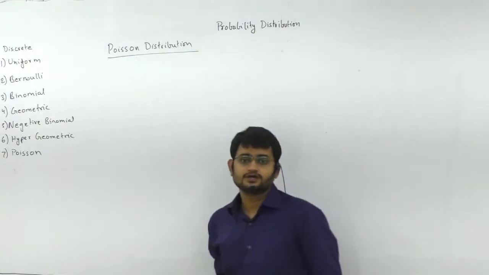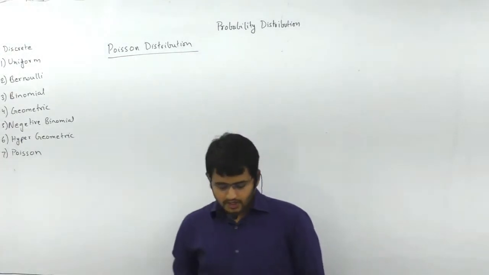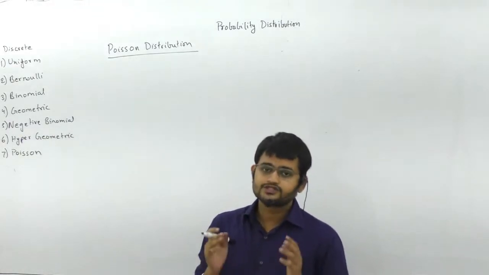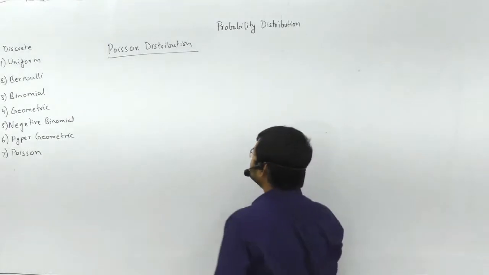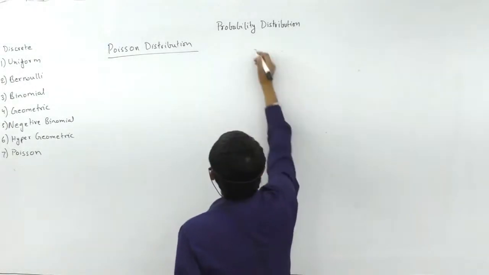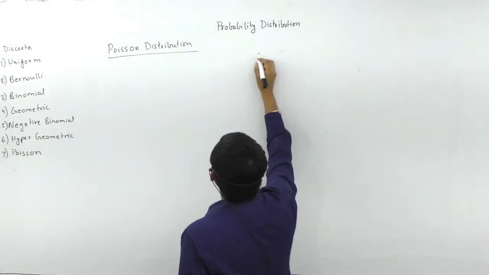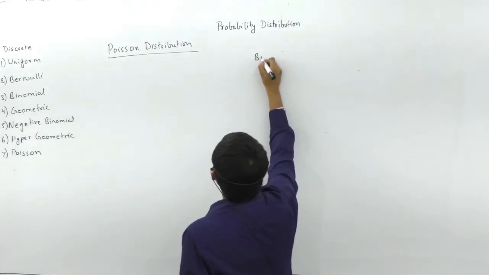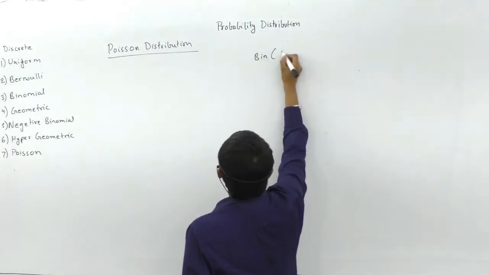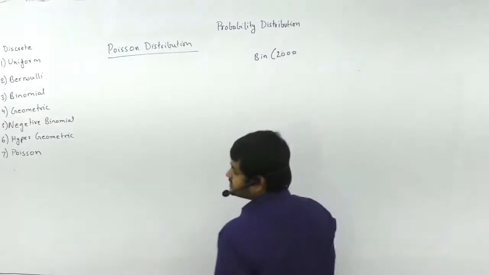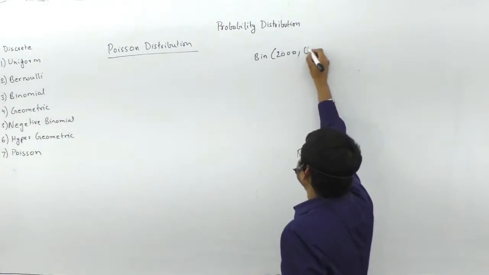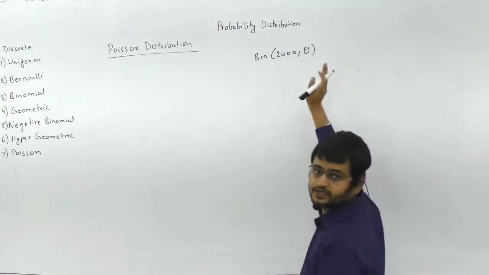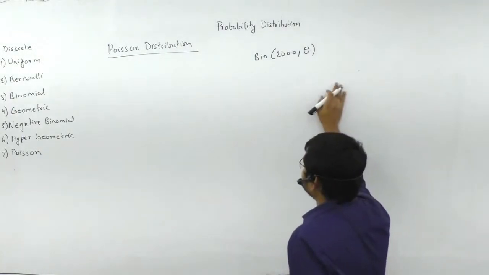So next, Poisson distribution. Poisson distribution was derived from binomial distribution. The problem with binomial distribution is that, let's say I have a binomial distribution with n equal to 2000, and whatever theta, I am not concerned about the probability right now.